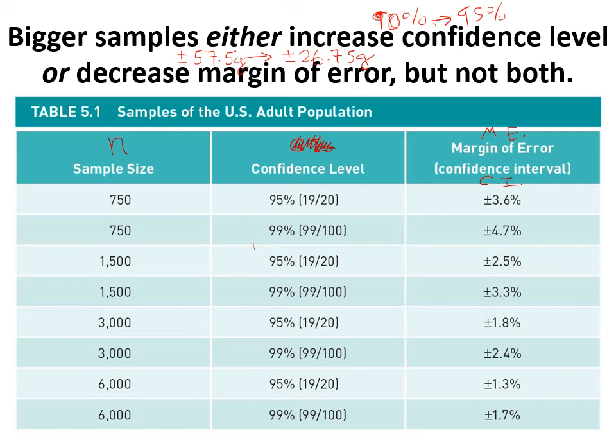It doesn't matter whether it's dogs or cats or fir trees or soil samples. These relations hold up for everything. So here we see we've got a sample size of 750, which it would be at 19 out of 20, so a 95% confidence level.